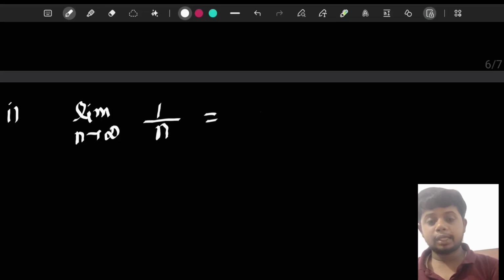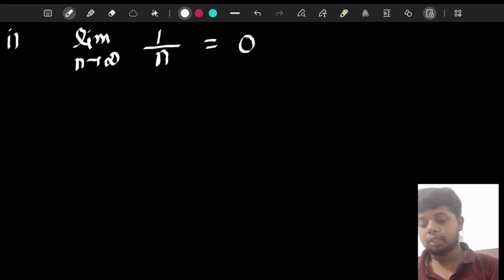In that question you can see n is in the denominator, so a very large number is in the denominator, and we have already discussed that if we take a very large number in the denominator, the answer approaches 0. So the answer is 0.